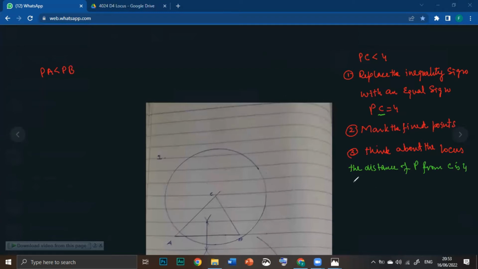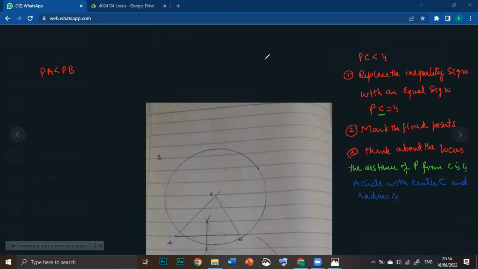The locus is a circle with center C and radius 4. It is already drawn.